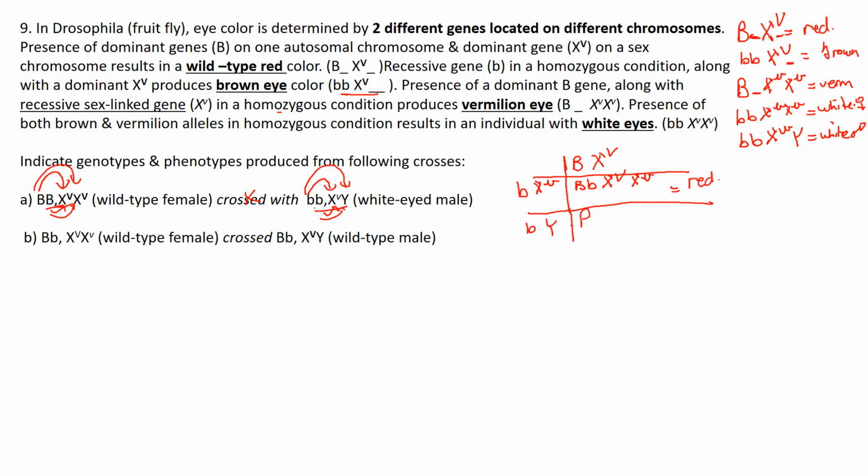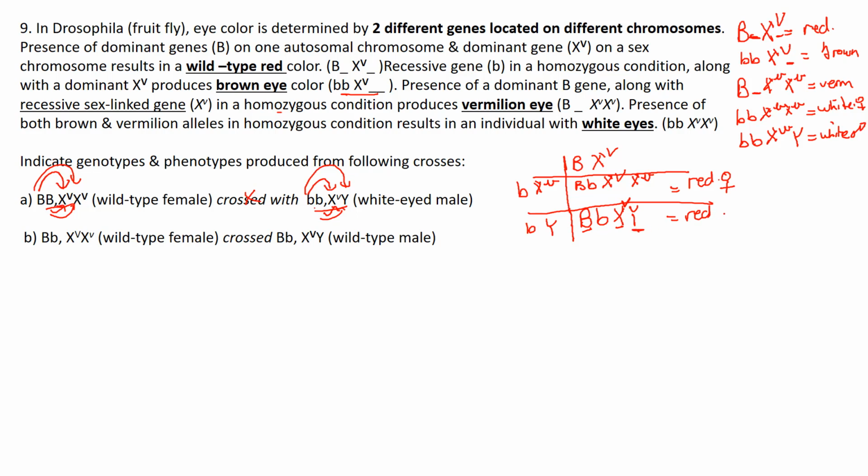Do the other one, capital B with a little b, X. Now this is actually a red female, so let's put the red female in there. And again, when there's sex link, we want to isolate the males and the females. This one is a Y, and same thing. As long as I have a big B and a big V, it's going to be red.